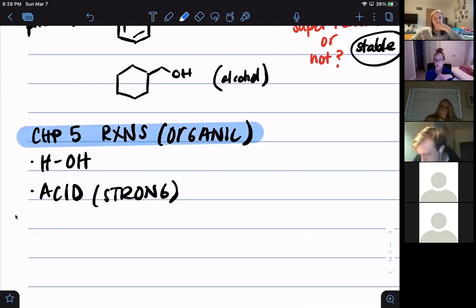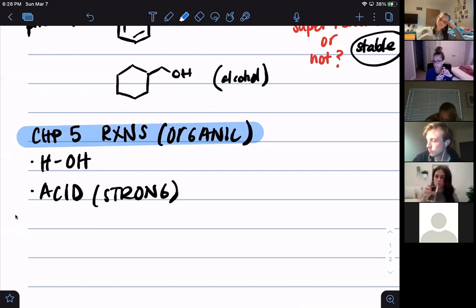So you're going to see it always in the strong acid, and you're going to be dealing with it with water, okay? Strong because we need to have something strong enough to go in and break a bond, because water is not that guy. Water is not going to make, he'll make and break hydrogen bonds, yes, but he's not going to go in and attack something, okay? He's not a bully. He's just a user. So you need a bully to go in there. That's what the acid does. And then water uses, okay?